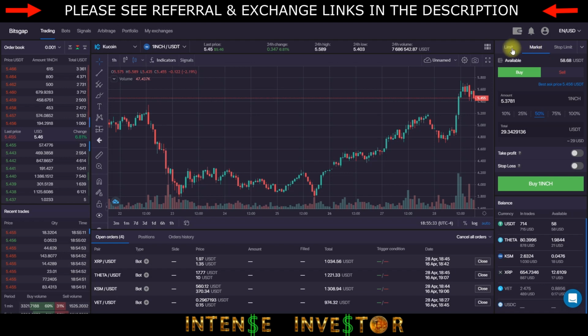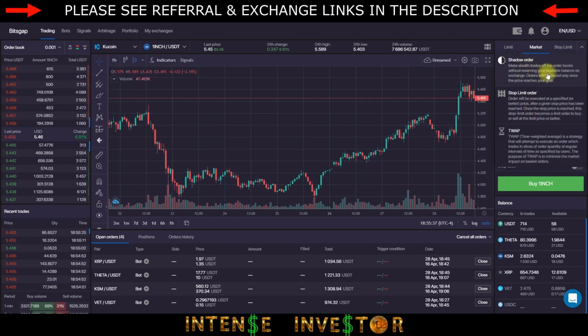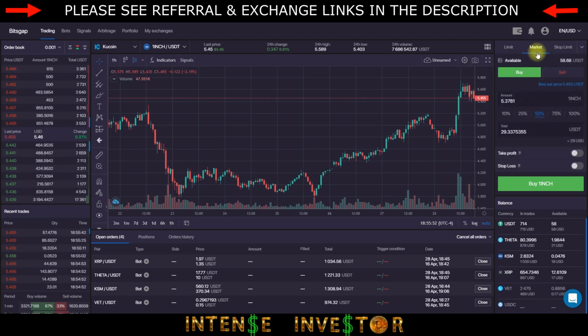I got it on market instead of limit. There's a few other things you can do, like shadow orders. Like make stealth trades off the order books without reserving your available balance on the exchange. That could be kind of cool. Stop limit orders, TWAP orders. I haven't really messed with these yet. I usually just do regular market or limit orders.